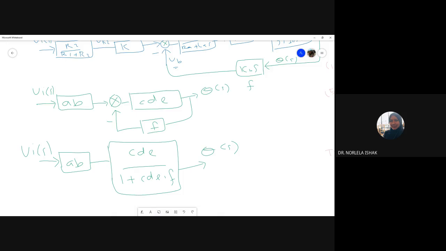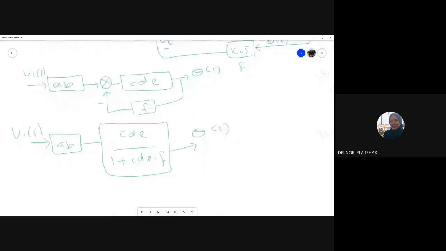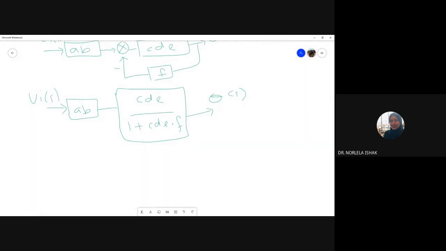So the last one, you cascade for 2 blocks. Okay, you cascade X and Y. So from there you can obtain your transfer function is X multiply with the Y.